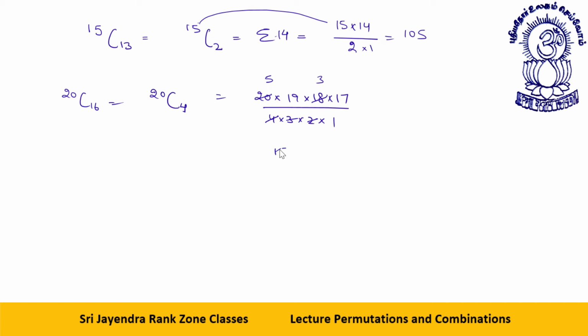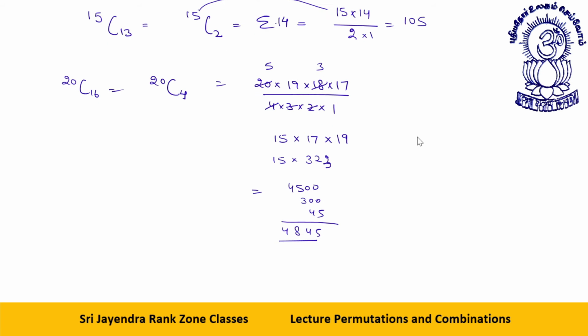So 5 into 3 is 15, into 17 into 19. Clear? Can you multiply this? I am leaving it to you. Otherwise, you can multiply it like this: 15 into 3 is 45, 15 into 20 is 300, 15 into 300 is 4500. You can add these, 4845. This will be the answer. I hope you are connecting with me, dear students.